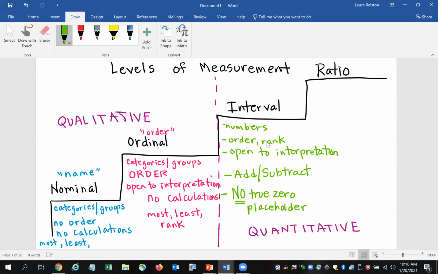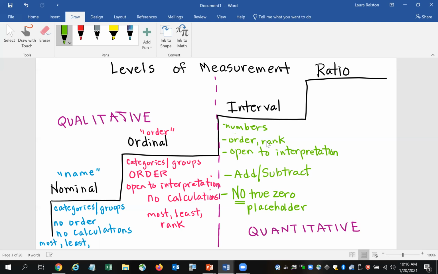Even with years, we are currently in the year 2021. Well, how do we know it's 2021? We know it's 2021 because at some point humanity began marking off the years. And so at some point in history, there was a year 0. But year 0 does not mean there was no year.